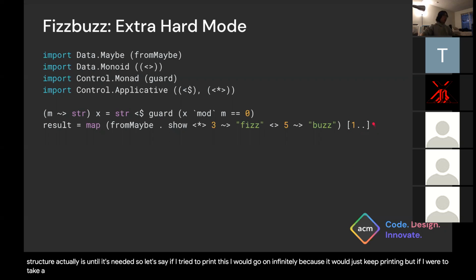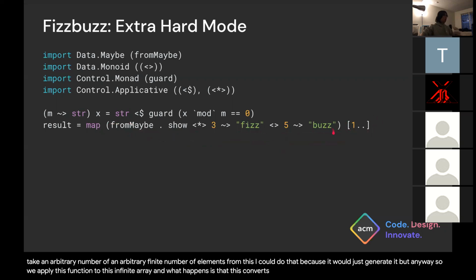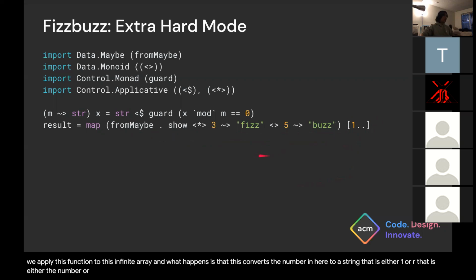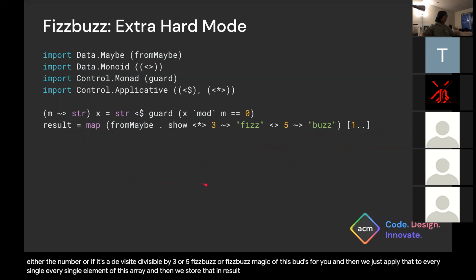But if I were to take an arbitrary finite number of elements from this, I could do that because it would just generate them. Anyway, we apply this function to this infinite array. This converts the number in here to a string that is either the number, or if it's divisible by 3 or 5, Fizz, Buzz, or Fizzbuzz. So this function does all the magic of Fizzbuzz for you. And then we just apply that to every single element of this array, and we store that end result.